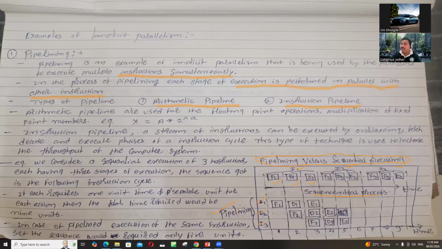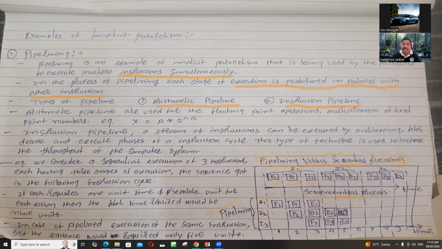Same for F2, D2, E2, F3, D3, E3. Look at the first instruction: whatever we have given, it is not only related with F1. It is related with F1, and also F2, E2, and it is again processed.